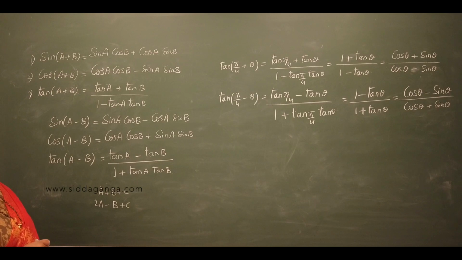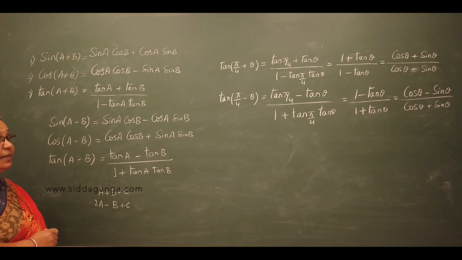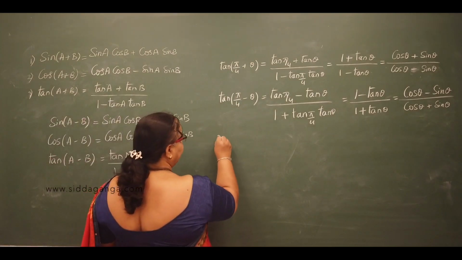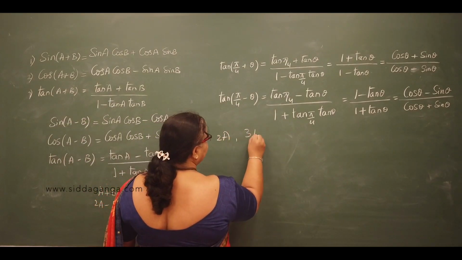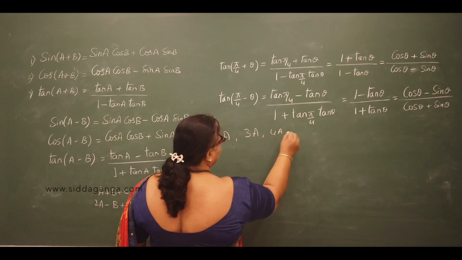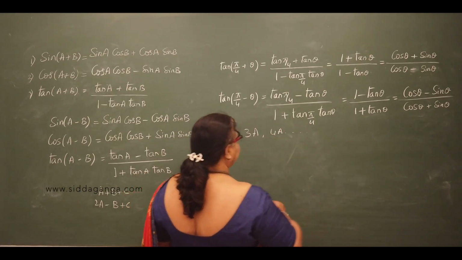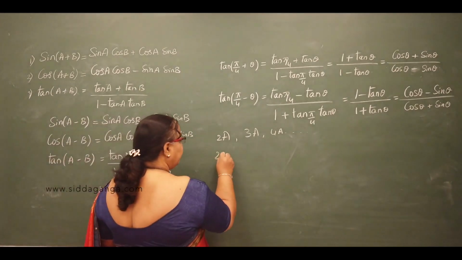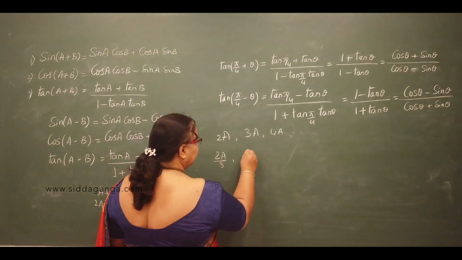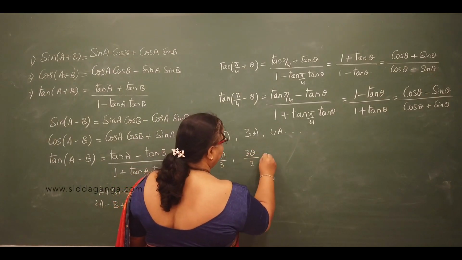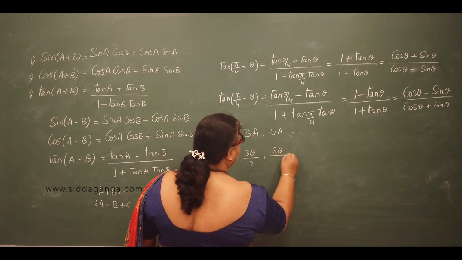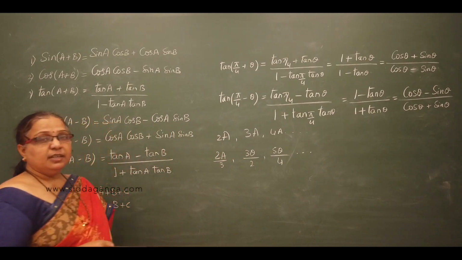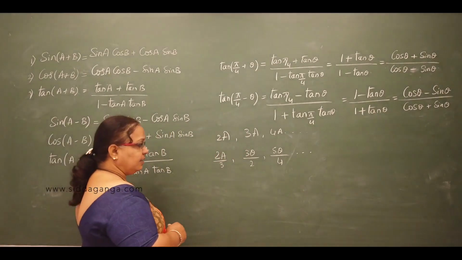The next is the multiple angle formula. Angles like 2A, 3A, 4A, etc., are called multiple angles. 2A divided by 3, or 3 theta divided by 2, or 5 theta divided by 4, etc., are called sub-multiple angles.